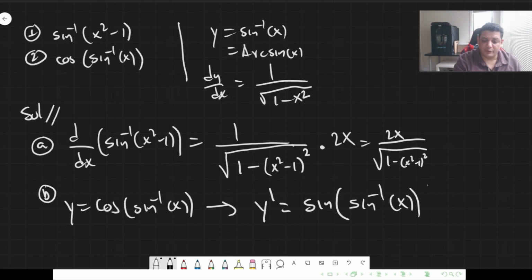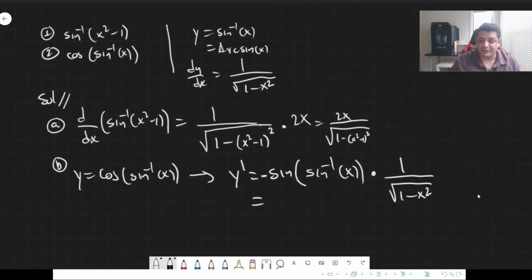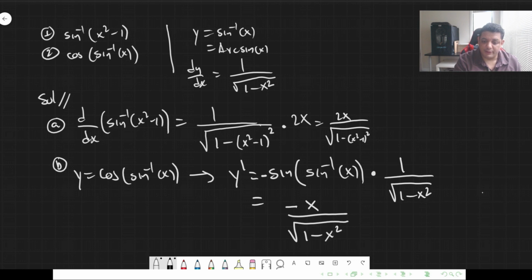Now, because this is a chain rule, I multiply by the derivative of the function inside, which is 1 over the square root of 1 minus x squared. And now notice the inverse property of sine composed with sine to the minus 1. This is just going to be x. Remember that that's the property of sine and their inverse. So the end result is going to be minus x over the square root of 1 minus x squared.